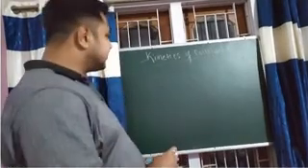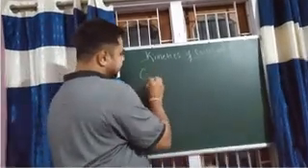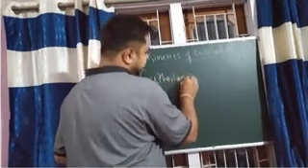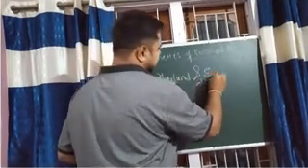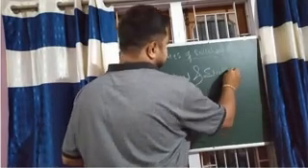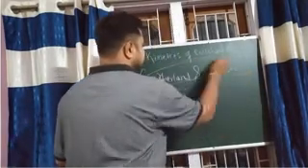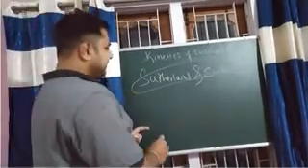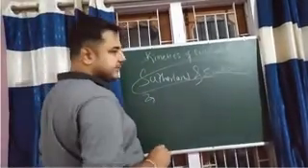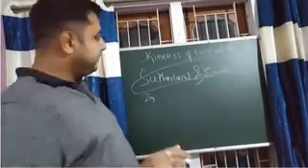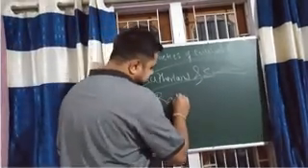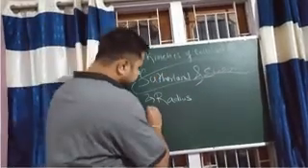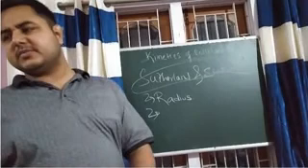Now the next concept is that, as per two scientists, Sutherland and Einstein, we can determine the radius of a particle.